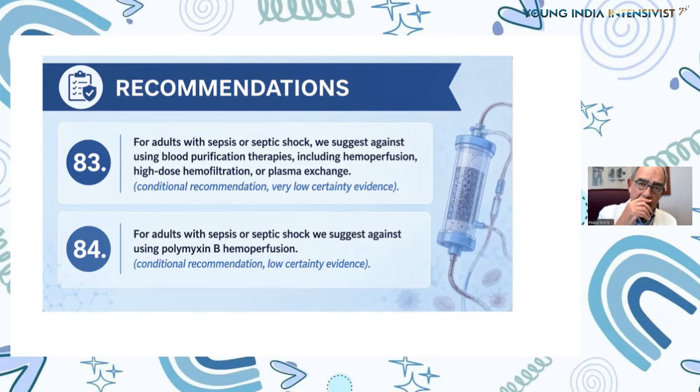If we look at the recommendation of the Surviving Sepsis Campaign, the answer is no. There was also a recommendation against the use of specific filters blocking one of the major actors of the sepsis syndrome in gram-negative infections, the endotoxin, by using polymyxin B filters that are applied in a hemoperfusion system and that absorb the endotoxin.